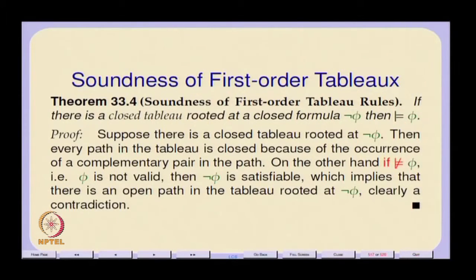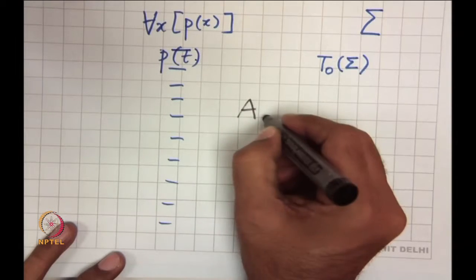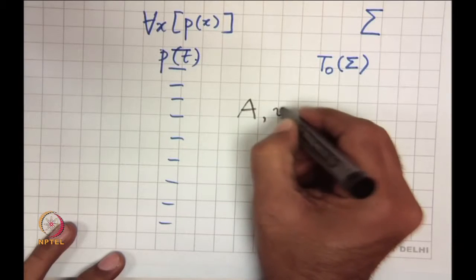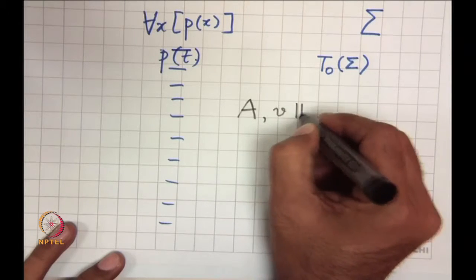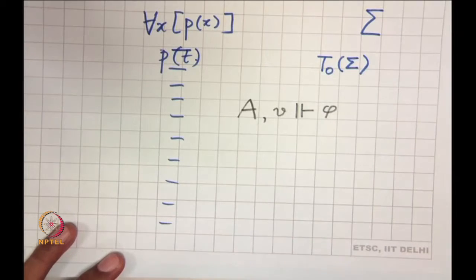What about the soundness of the Tableaux method? Remember that here we are looking at logical validity, because we have various notions of validity. If you recall, one was that you have a structure and a valuation, and you are asking whether the formula is satisfied with the valuation.